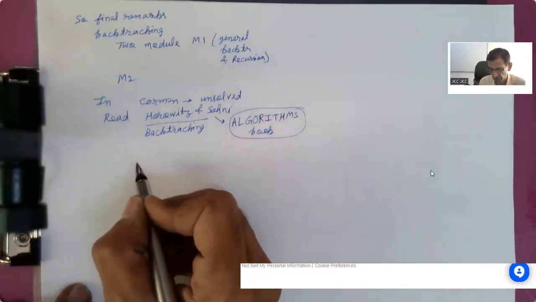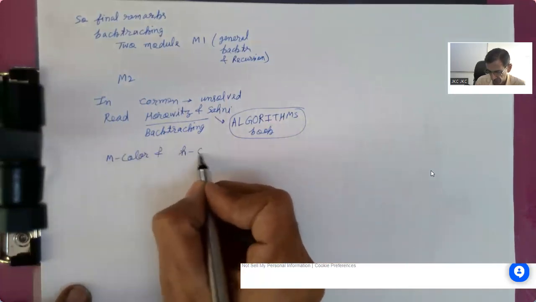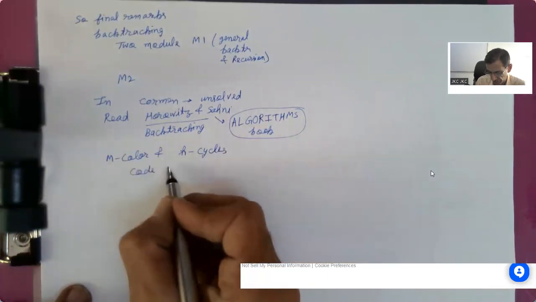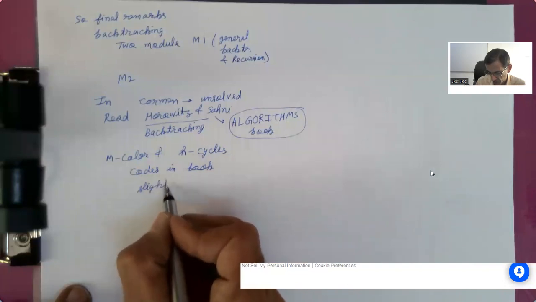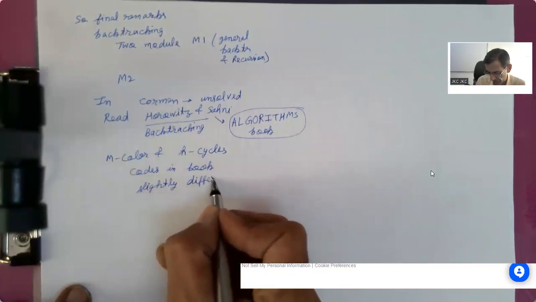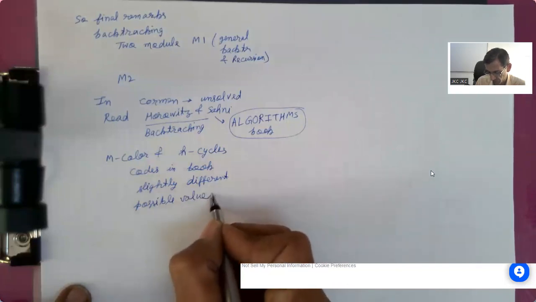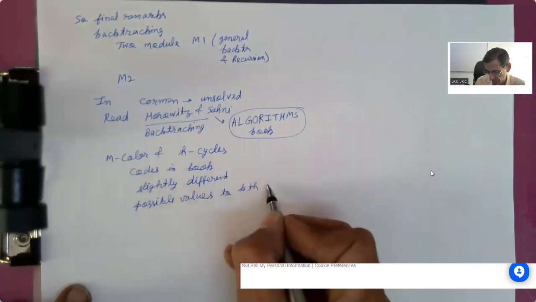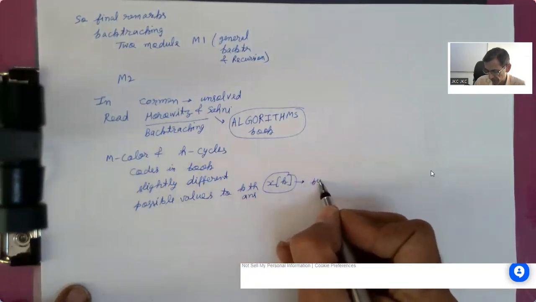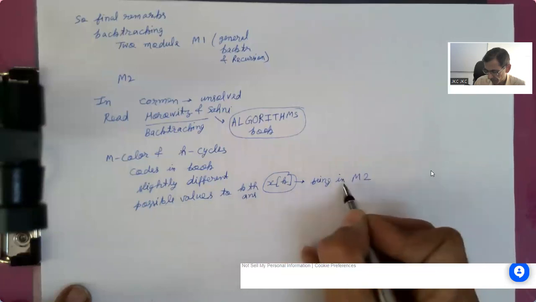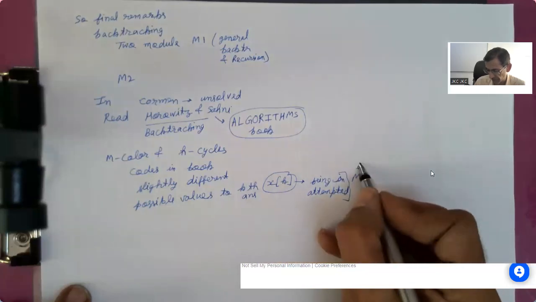The only reason I'm suggesting this is that the M color and Hamiltonian cycle codes given in the book are slightly different, in the sense that the only change is that the possible values to be given to xk are given in module M2, whereas what we have done was all in M1.